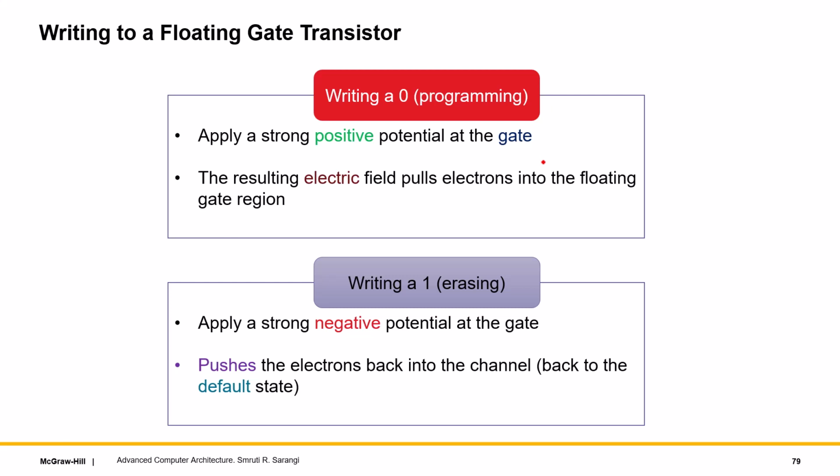So the question is that now we know how to operate such a transistor, but how do we write a 0 or 1? Writing a 0, which means basically trapping charge, is known as programming a cell or a device.